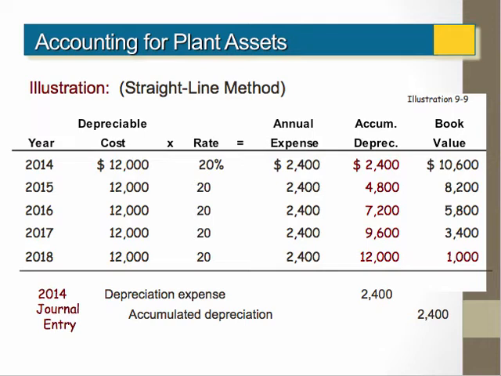If the book value equals the salvage value, you stop taking depreciation. If for some reason the book value does not equal the salvage value at the end of the useful life, you've made a mistake somewhere in your calculation. The journal entry each year would be debit depreciation expense for $2,400, credit accumulated depreciation for $2,400.